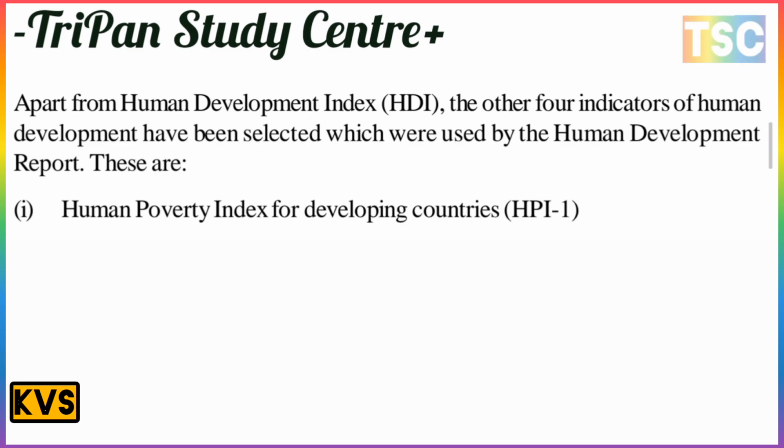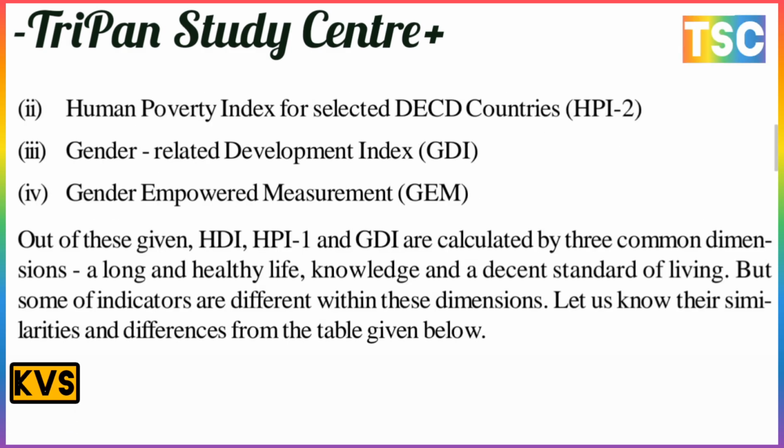Apart from the Human Development Index, HDI, there are four other indicators of human development used by the Human Development Report. The first is the Human Poverty Index for developing countries, HPI-1. The second is the Human Poverty Index for selected OECD countries, HPI-2. Next is the Gender-related Development Index, GDI.